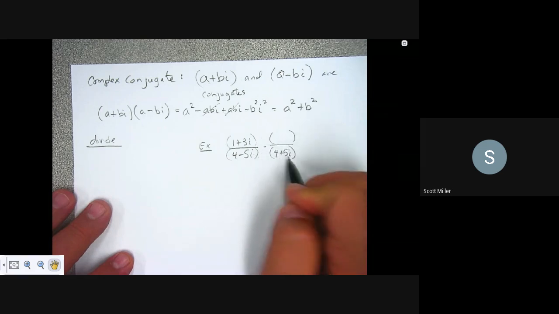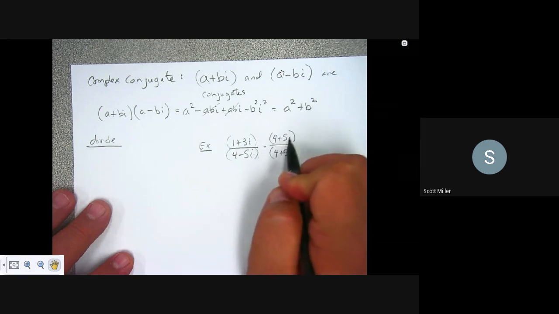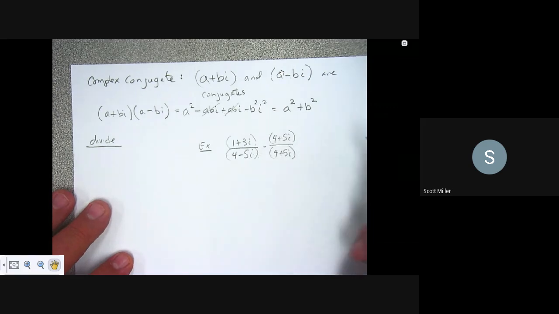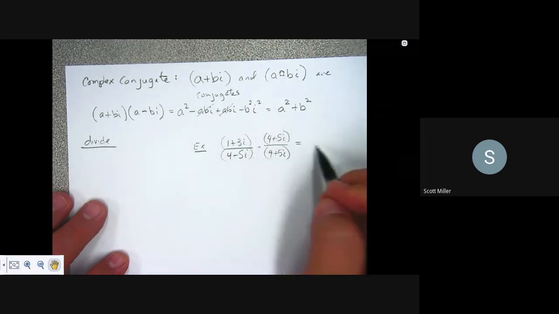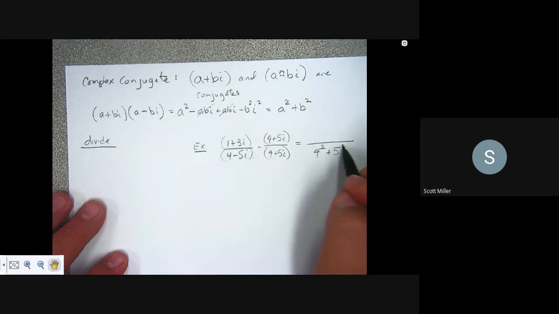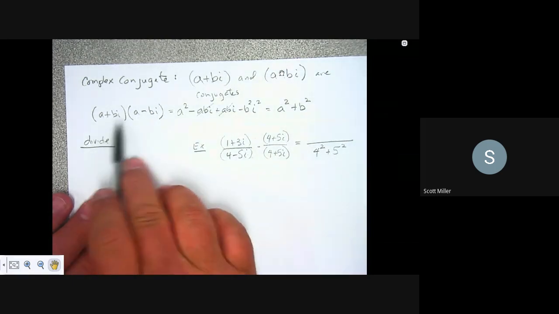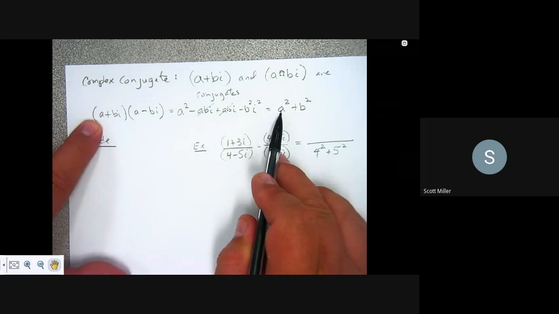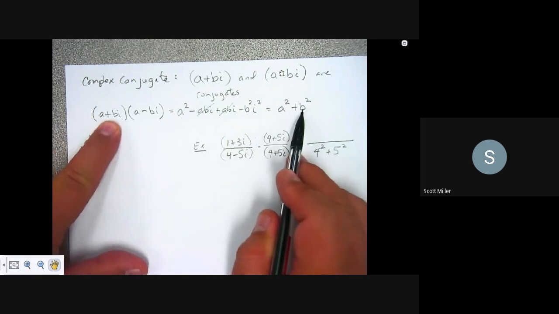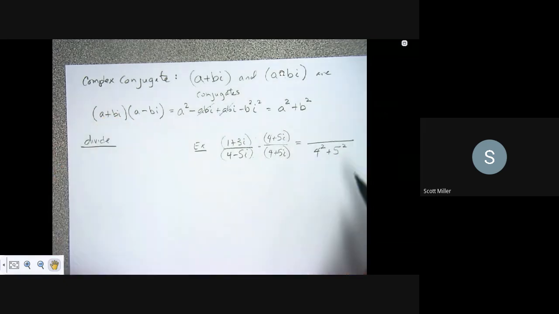And that's the conjugate of the bottom. So you can multiply the bottom out, but because you did the conjugate, you should know what it's going to be automatically. It is going to be 4 squared plus 5 squared. Right? If I multiply conjugates, it is the front number squared, and then the b part, not the i, just the b part, squared. And you're going to add them.